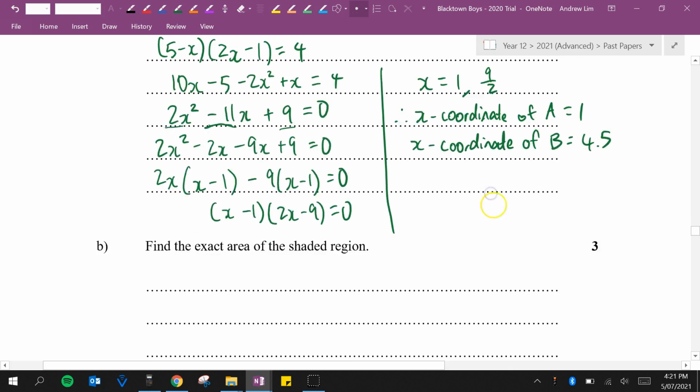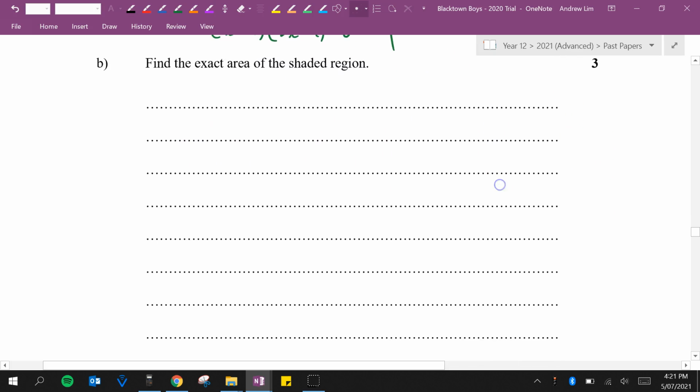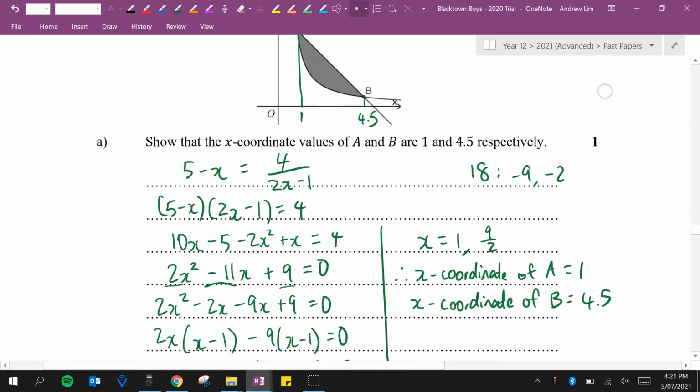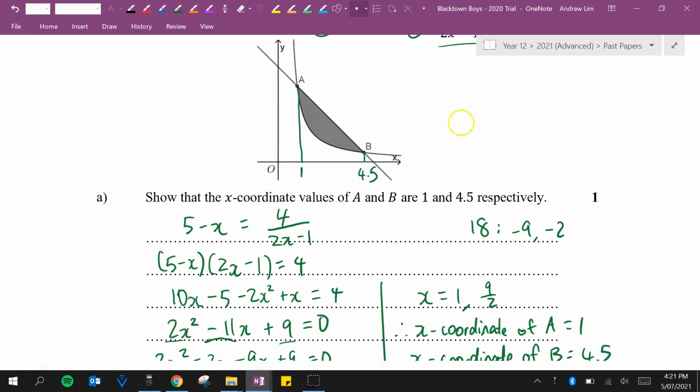Okay, question B. Find the exact area of the shaded region. So here, the shaded region is between these two curves. So we need to find an integral from 1 to 4.5 of the top curve minus the bottom curve.